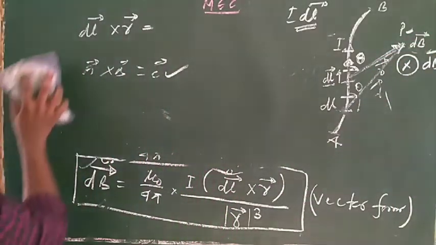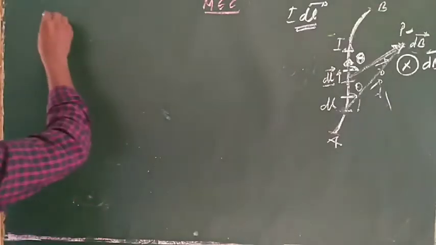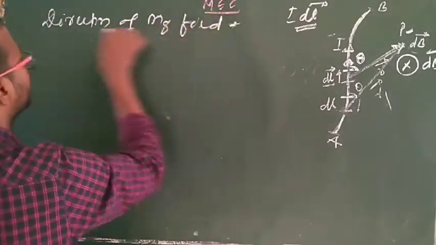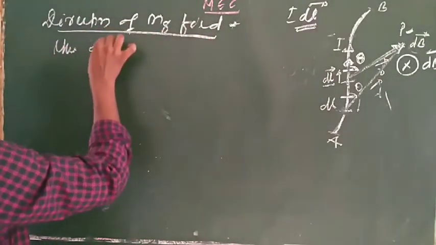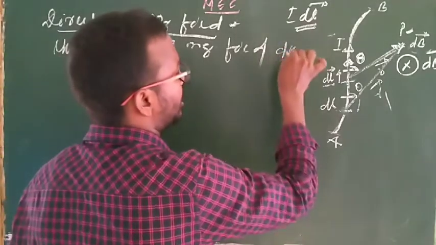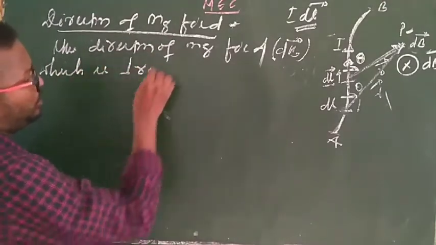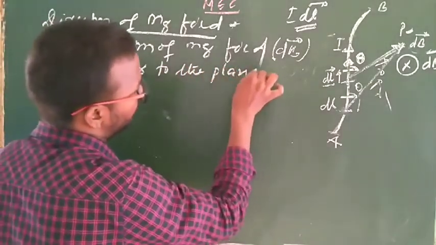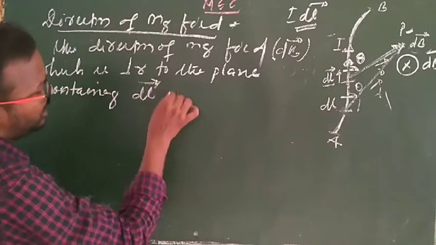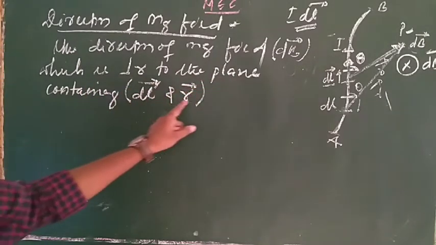So the direction of magnetic field dB vector is always perpendicular to the plane containing dl vector and r vector.